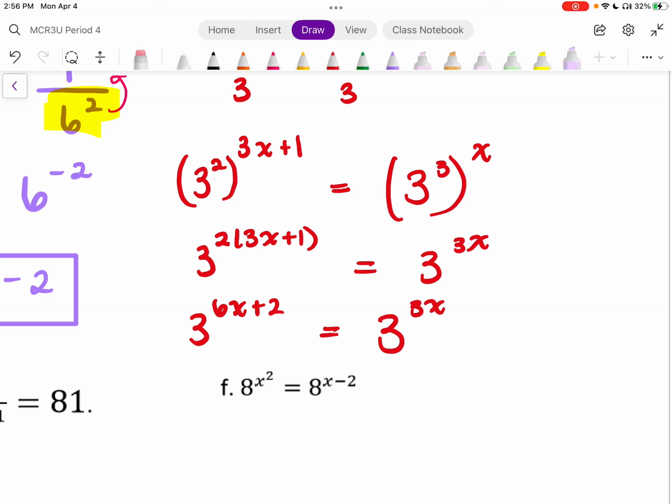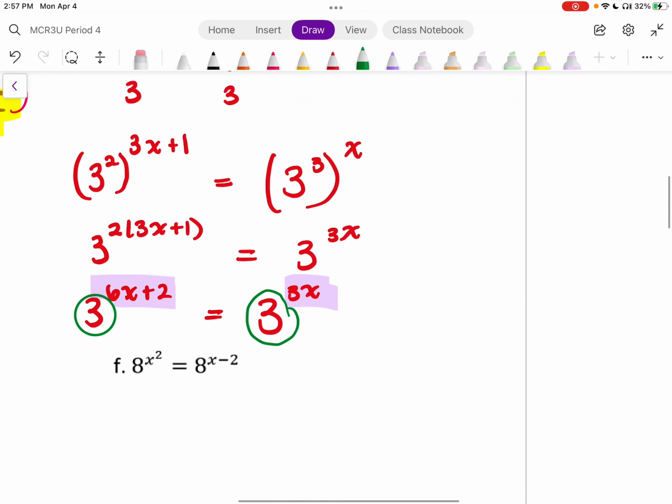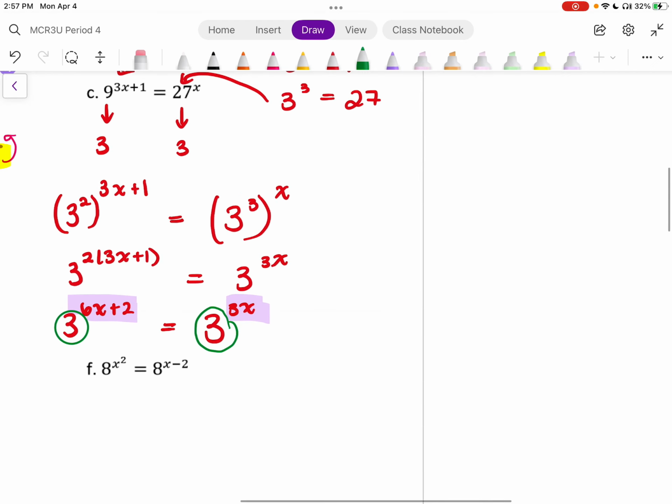Now that it's pretty much simplified, I know that this base is the same as this base. Since the bases are the same, we can just get rid of the bases, bring down the exponents and work with the exponents. So I have 6x + 2 equals 3x. Now I just need to isolate for x.